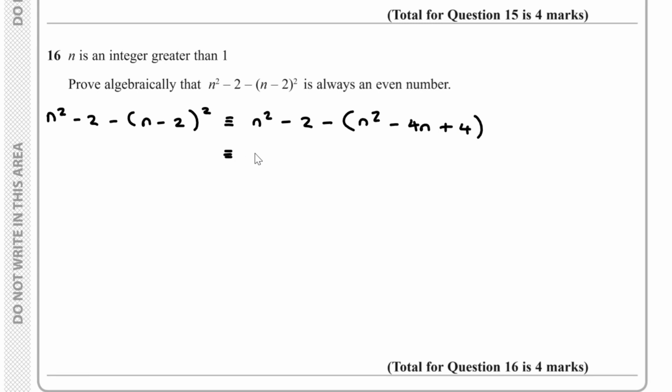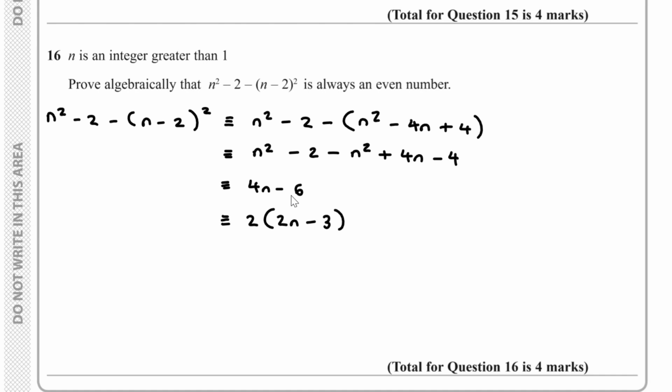So if I tidy up this even more, we've got n squared minus 2 minus n squared plus 4n minus 4. So we've got here 4n minus 6, and if I take out a 2 as a common factor, we've got 2 lots of 2n minus 3.